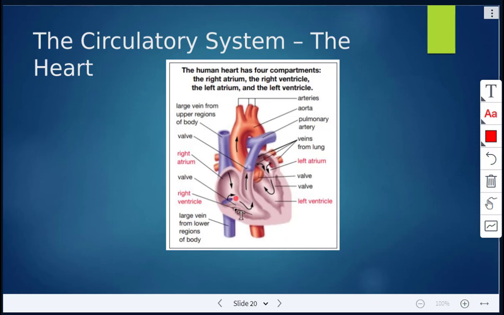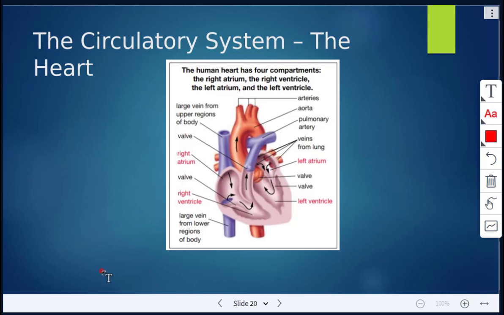This here is the right ventricle. This here is the left ventricle. The 2 atria are up at the top. This is the right atrium, and this here is the left atrium.